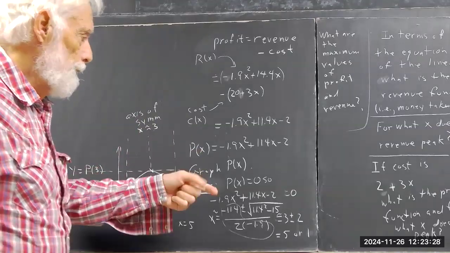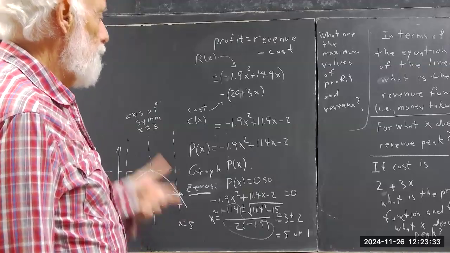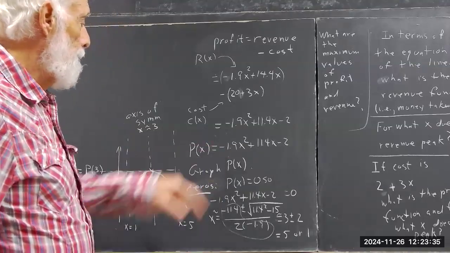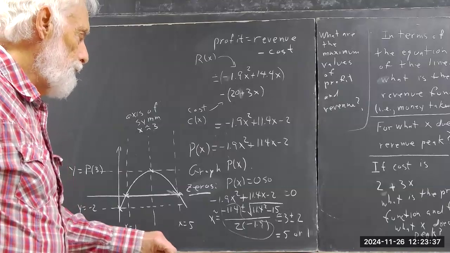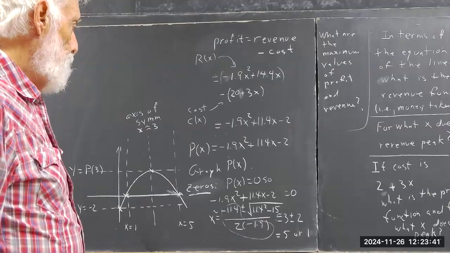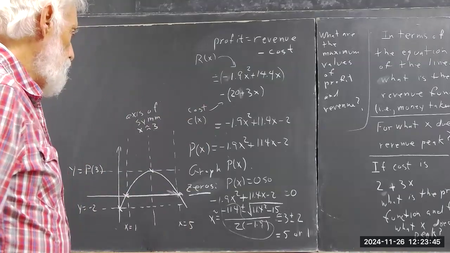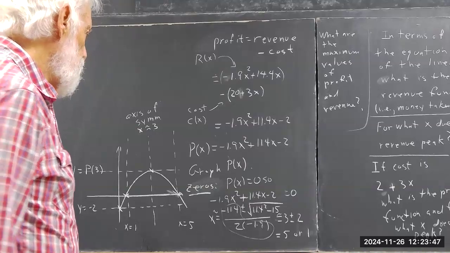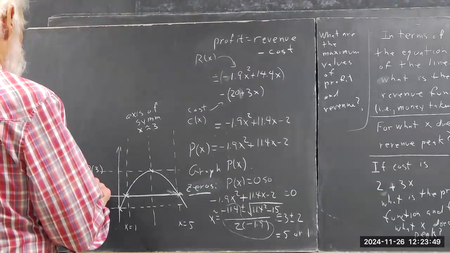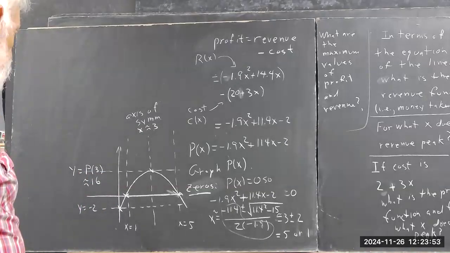Okay, so you put 3 in here. 11.4 times 3 is roughly 34. 3 squared is 9. 9 times negative 1.9 is about 17. So that leaves you 18, 16. I'm getting 16, so my graph isn't all that accurate. It's about 16.